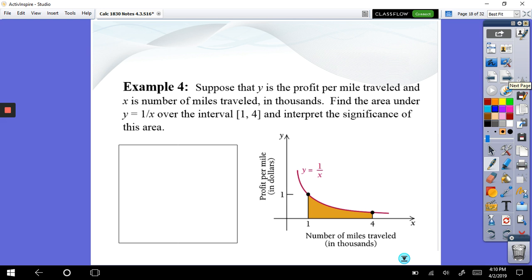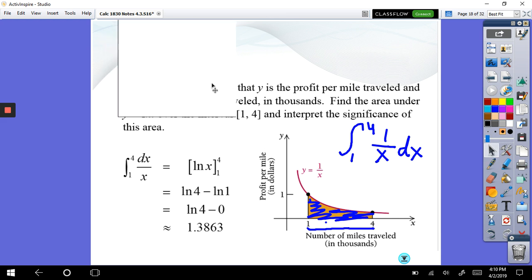So we can practice that, and this is a little application problem, where we have the function 1 over x, and it has to do with profit. If you wanted to find this area under here, which would be the profit if you drove, and this is in 1,000 miles, from 1,000 miles to 4,000 miles, that's going to be an integral from 1 to 4 of the original function. It's going to give us this area under here, which would be the profit from 1,000 to 4,000 miles.